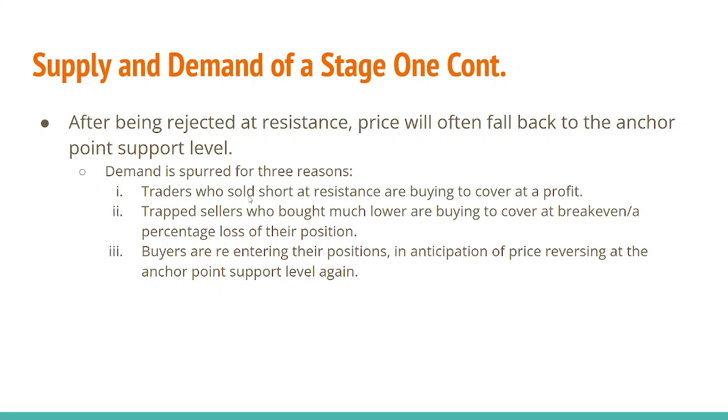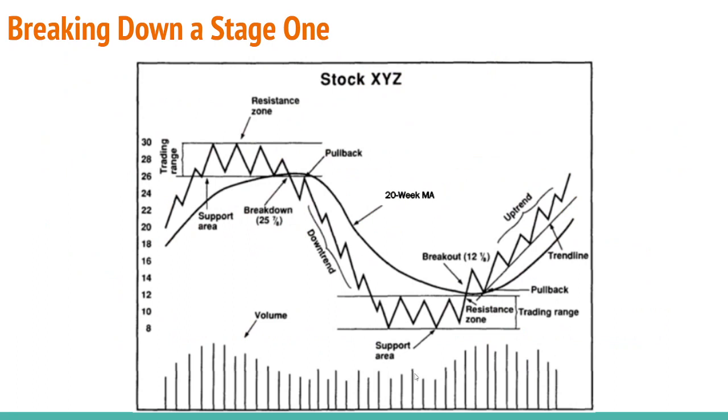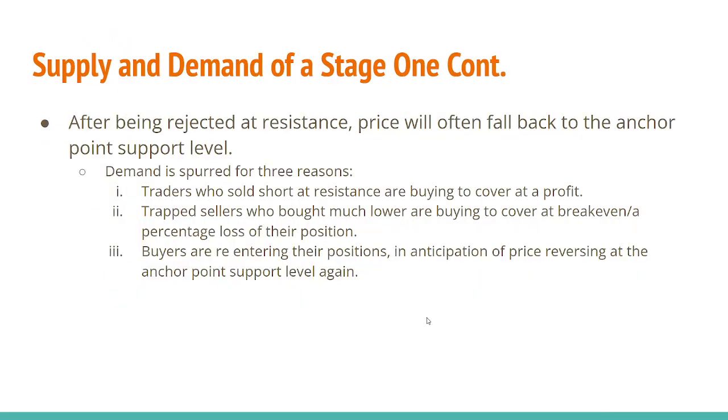First, traders who sold short at resistance are buying to cover at a profit. Much like our trader who bought the bottom and sold the top, there are traders that catch the top, and if you're a short seller, you sell the top and buy the bottom. That is what creates that demand upward.